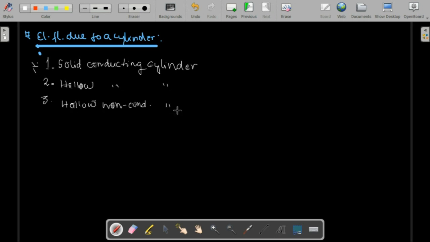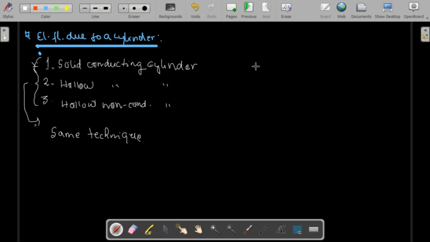The technique for finding the electric field for all these three cases is the same. Please remember this. In the exam they might confuse you and ask any kind of question. They can tell you it may be a hollow non-conducting, hollow conducting, or a solid conducting cylinder. The technique will more or less remain the same.